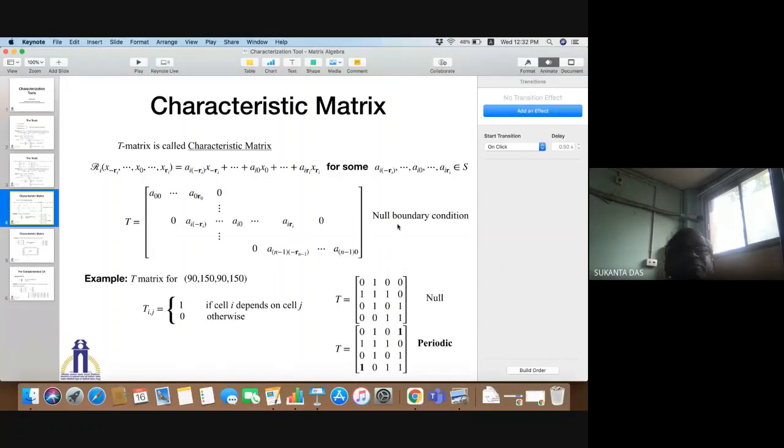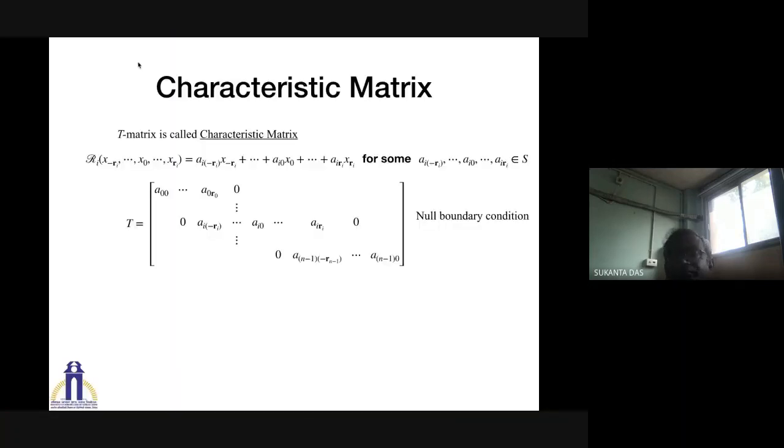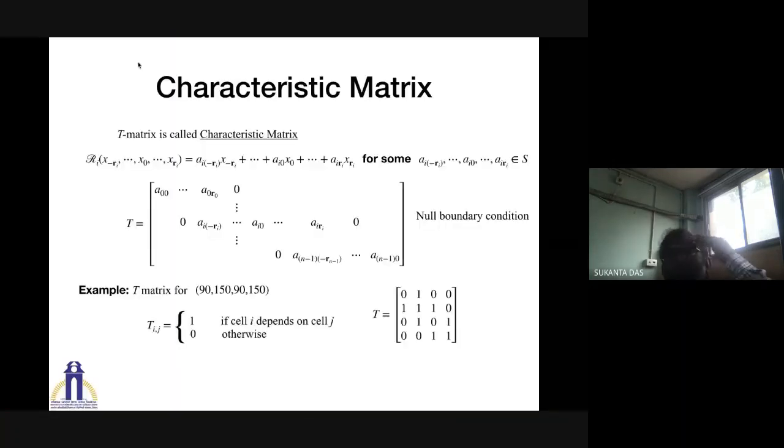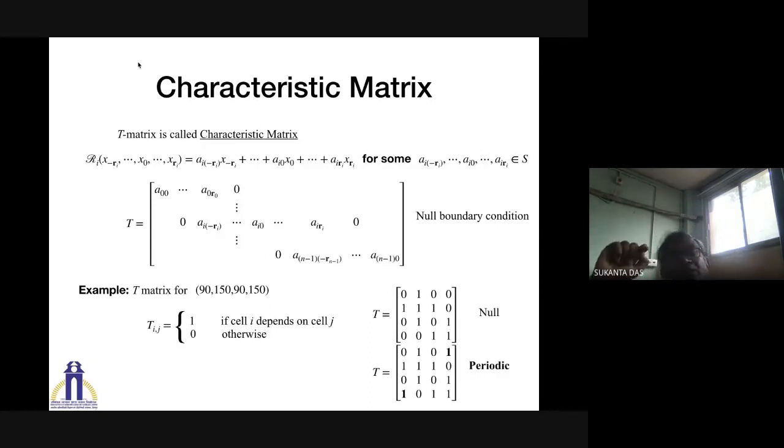Now, what I claimed is that by using this T also, G of X equals T of X actually. So I can evolve the CA using this T, right?